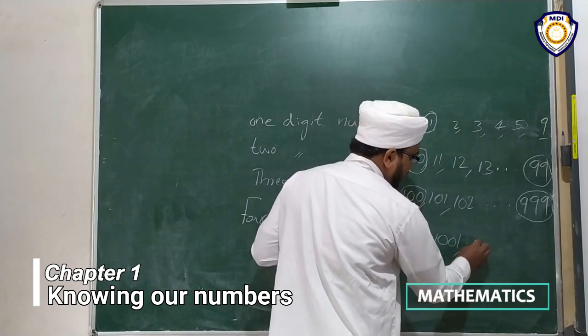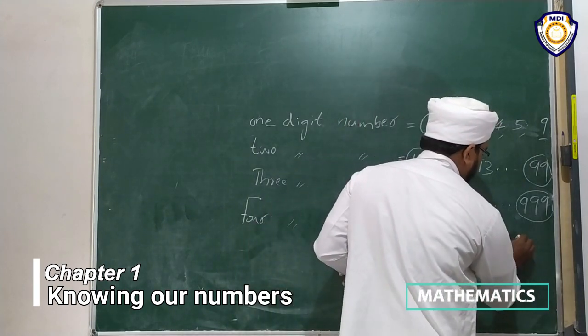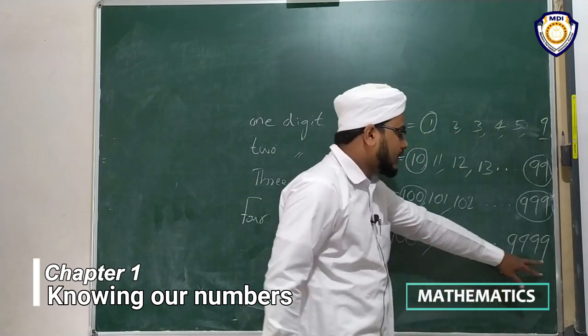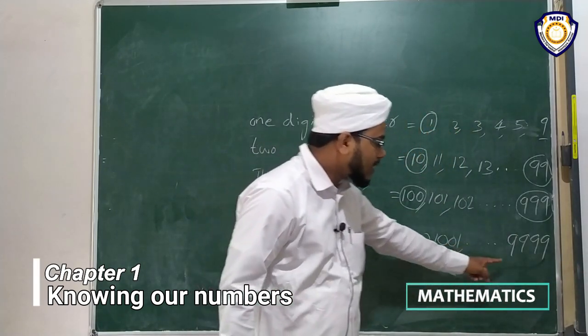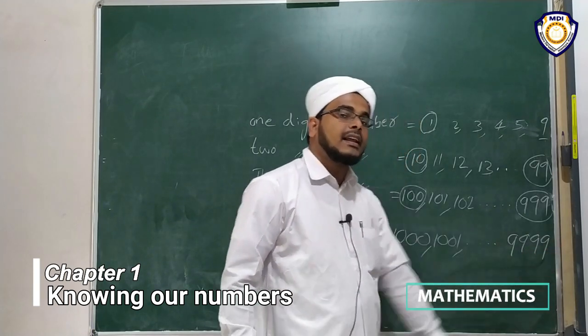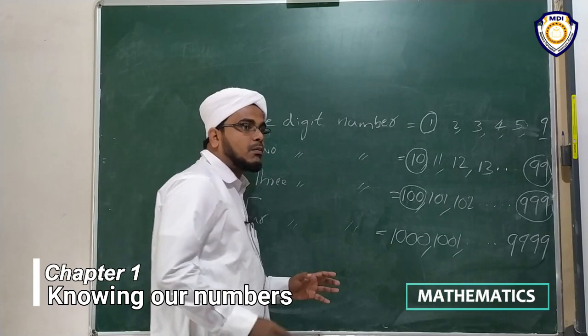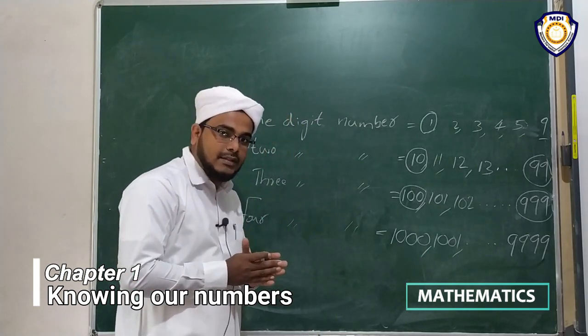1001. Then it will go 9,999. Are you okay? Which is the smallest 4-digit number? Can you answer?